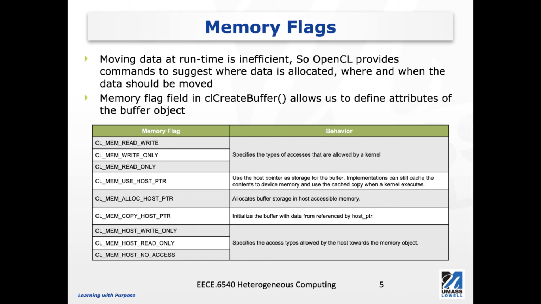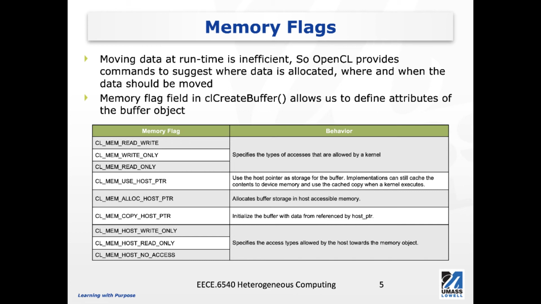The next option, CL_MEM_ALLOC_HOST_PTR, is to allocate buffer storage in host accessible memory. Note that we are trying to allocate a buffer, and this buffer is supposed to be accessed by the kernels executed on the device. Allocate host pointer is to allocate buffer storage in some space that is accessible to the host.